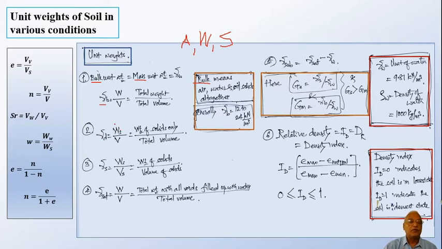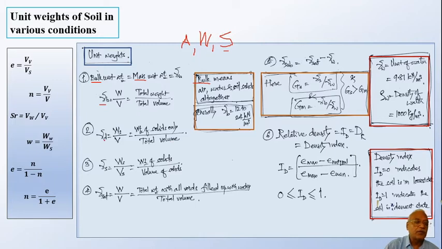It is a ratio of only weight of solids. Look at this, Ws, weight of solids, divided by total volume. When you take weight of solids only, the soil may have water and air also. But when we define dry unit weight, the numerator should have only the weight of solids, and the denominator should have the total volume.